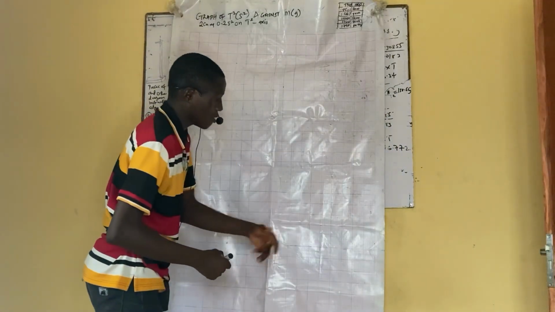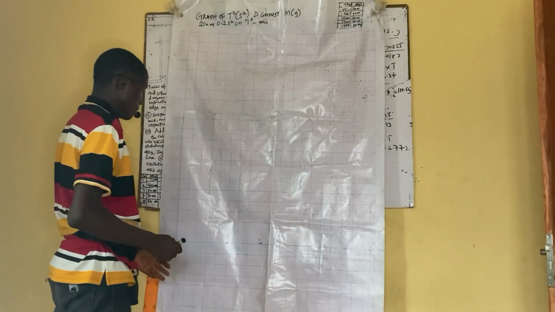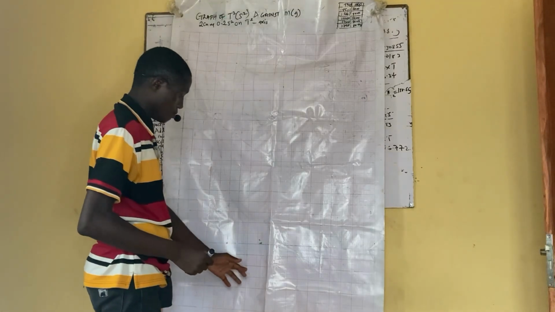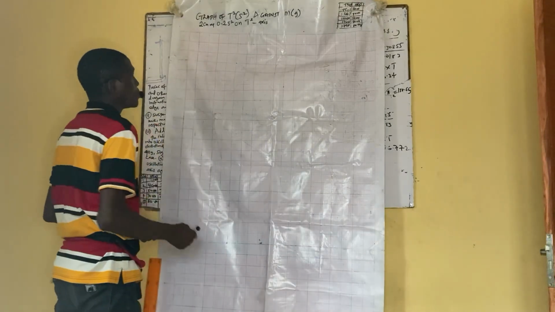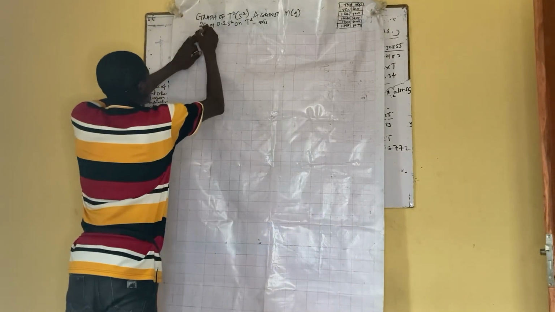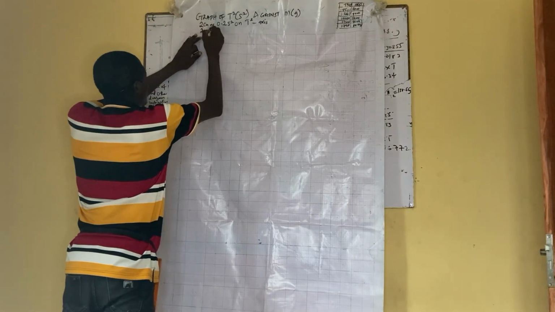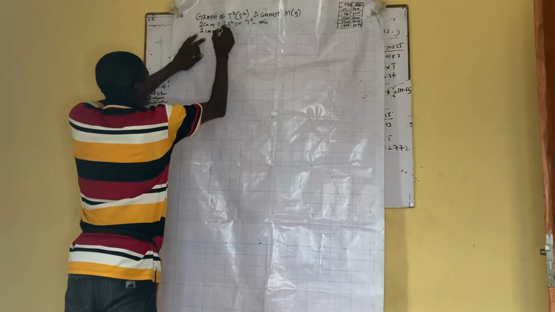If I say I use 5, it will get to 80. Let me use 10 instead: 2 centimeters represent 10, so that you get 100 representing 10.